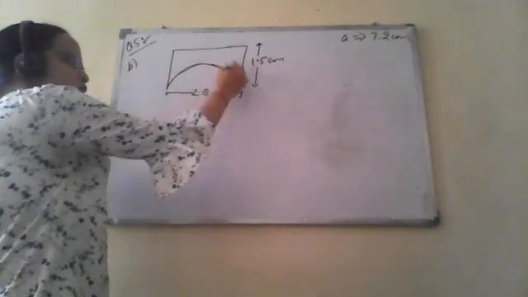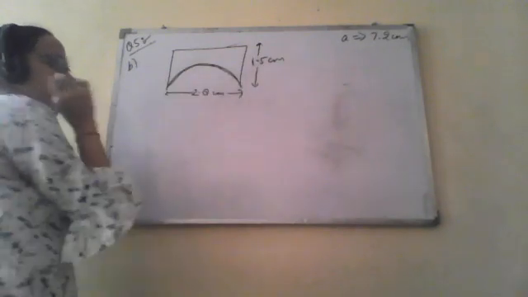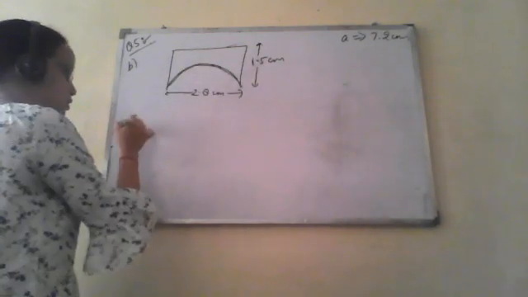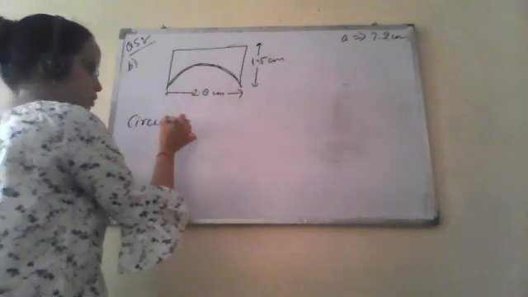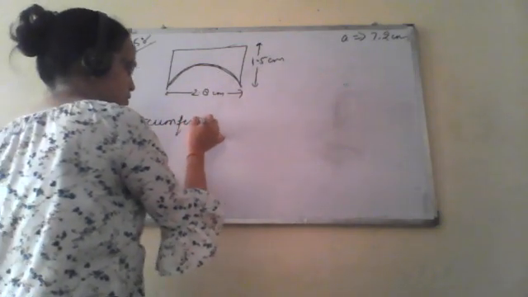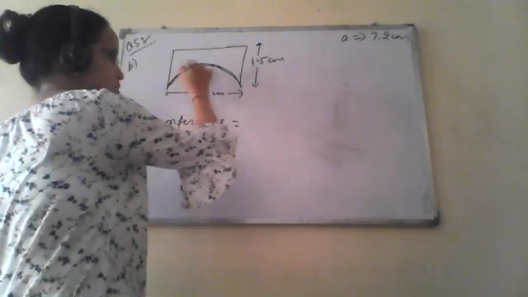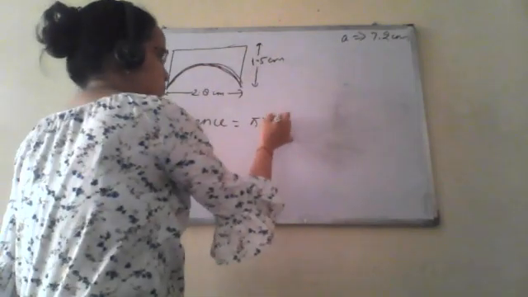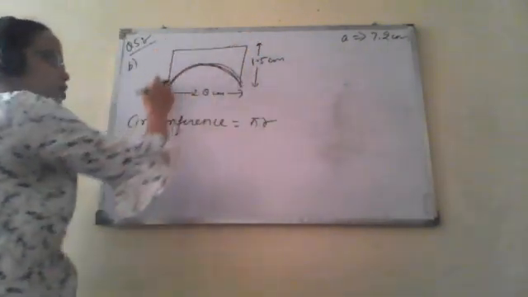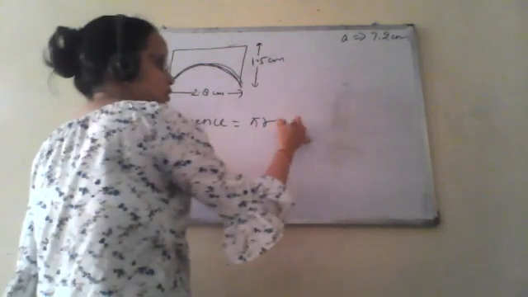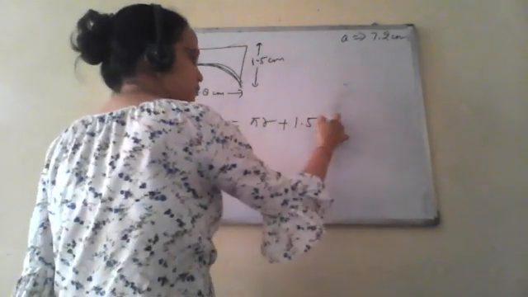Circumference of this semicircle, this is simple, pi r. Circumference will be this pi r, this distance, plus 1.5 into 1.5, because it is a boundary, and plus this length.